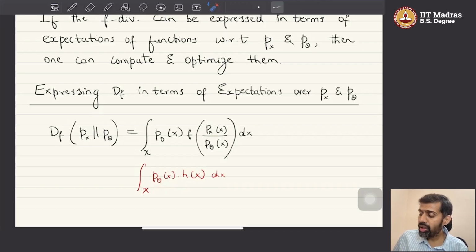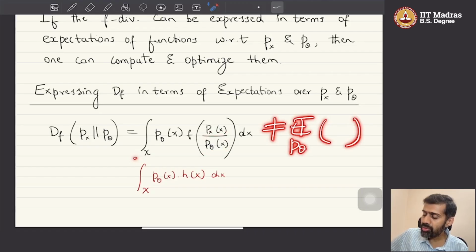Why? While there is a function f, similar to some arbitrary function h, the arguments for that function there were the random variable, or rather samples drawn from the random variable. But here the argument for the f function is the ratio of the density functions themselves. So you cannot write this as an expectation over p theta straight away, because it is not in this particular form.